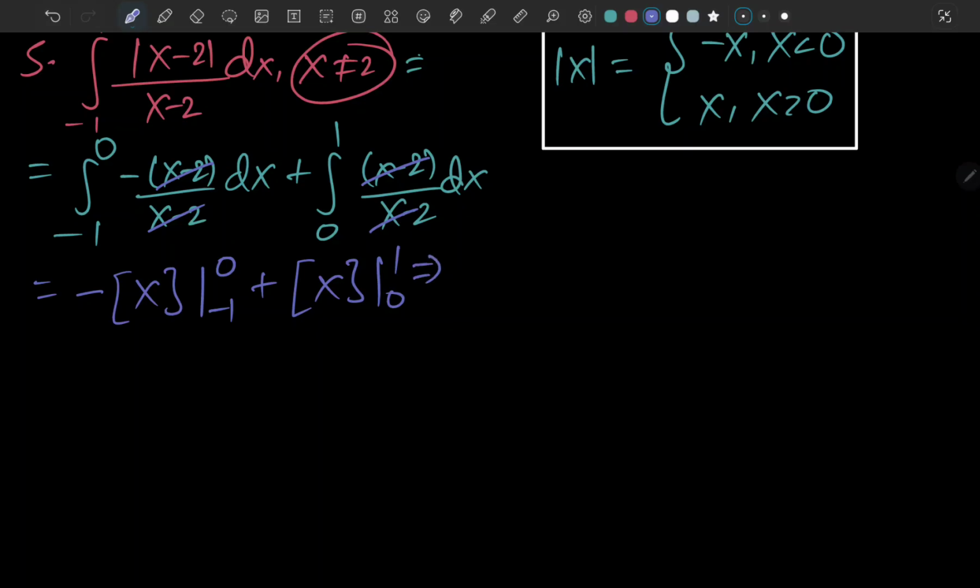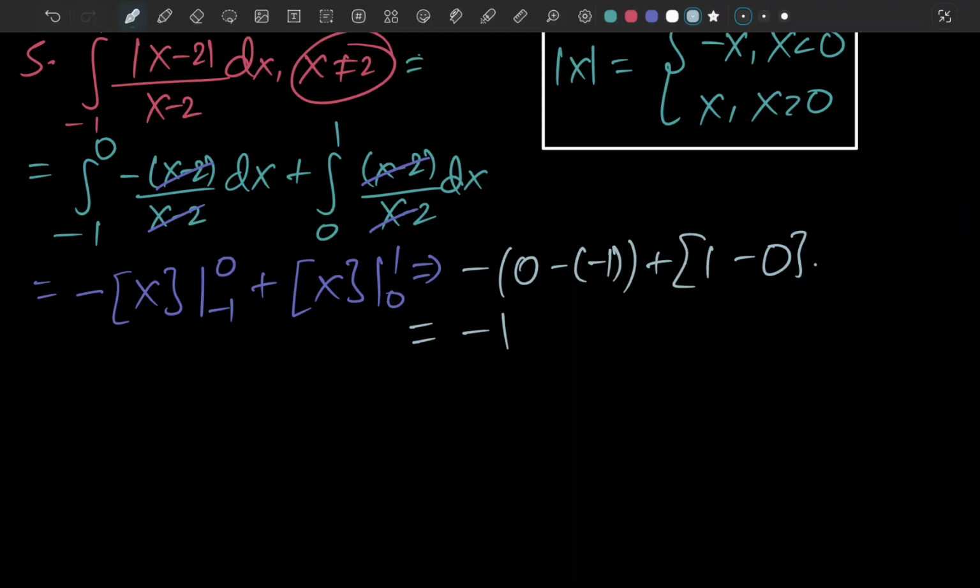If you simplify this, it becomes negative of 0 and negative of negative 1, plus 1 minus 0. So this becomes minus 1, and well, am I having some sort of problem with this?